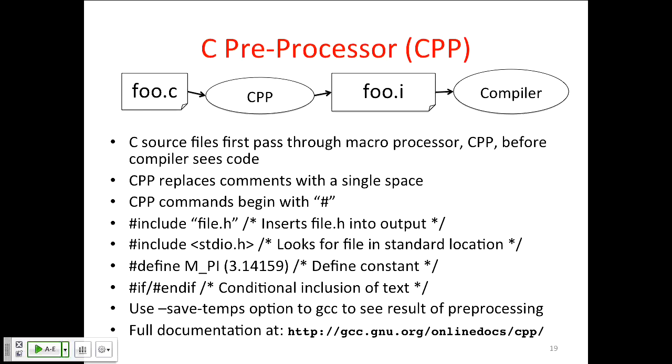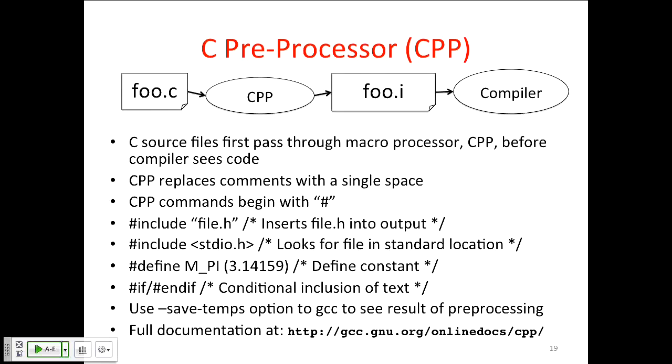So now anytime you want to use pi, you just say M_PI in your code, and the macro processor in the C preprocessor will, every time it sees M_PI, before it gets to the compiler, replace it with that number string. So the preprocessor lets you define some symbol to be expanded to some other set of text. It's commonly used for constants in this way.